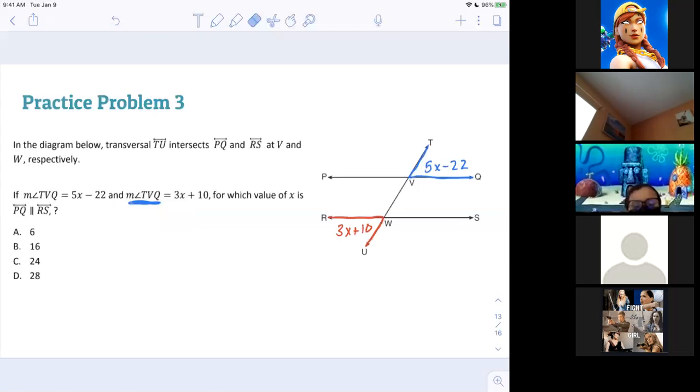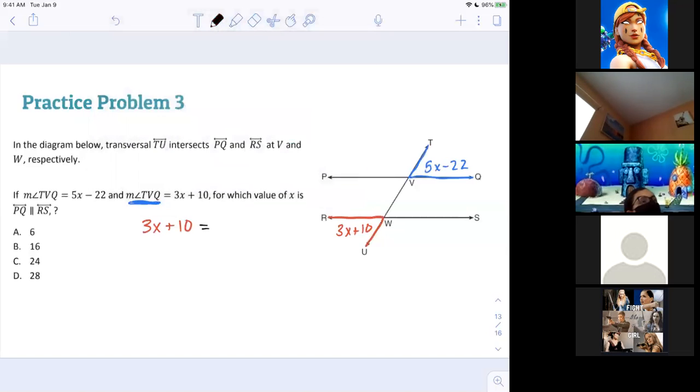So in other words, what relationship can I set up between these two angles? I can use substitution, and what equation can I set up? 3x plus 10 equals 5x minus 22.